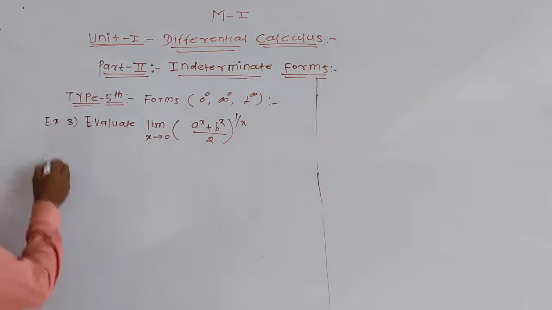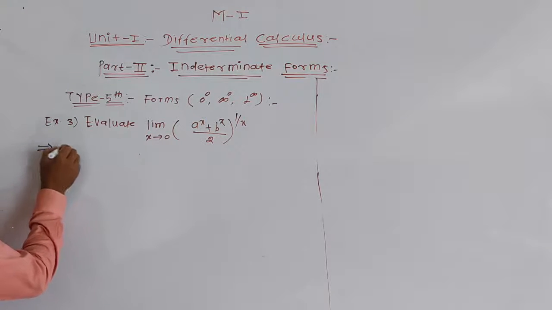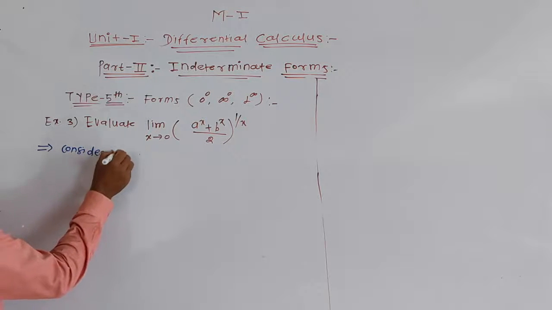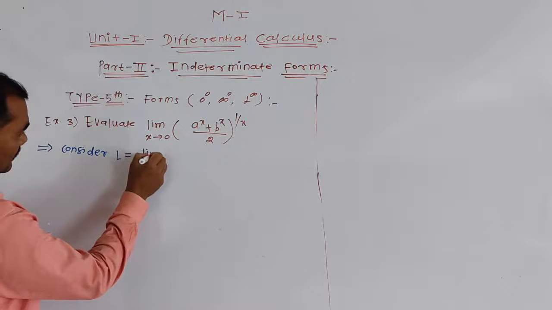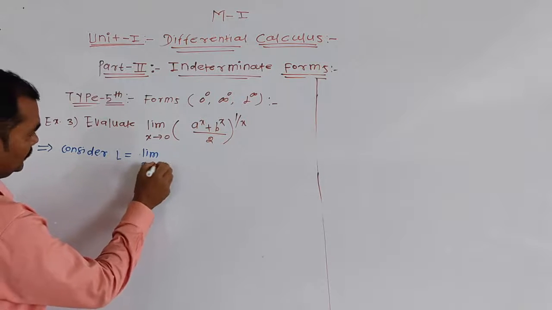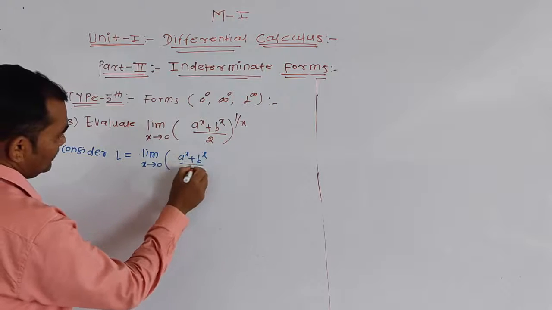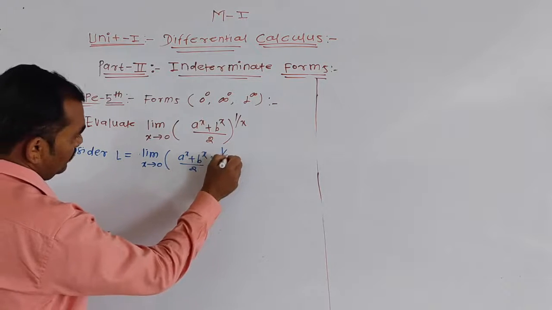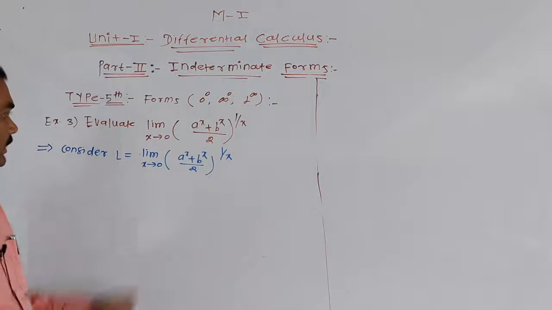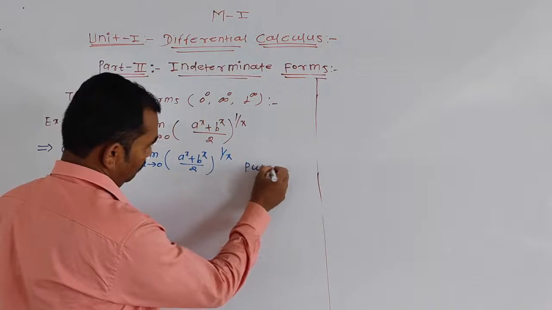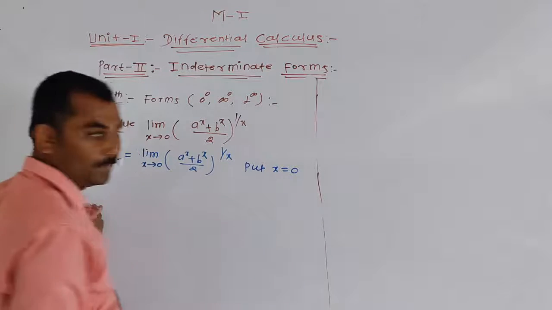Okay. Now consider in the answer, consider L as limit x tends to 0 of a raised to x plus b raised to x divided by 2, raised to 1 by x. Okay. Now put x is equal to 0.